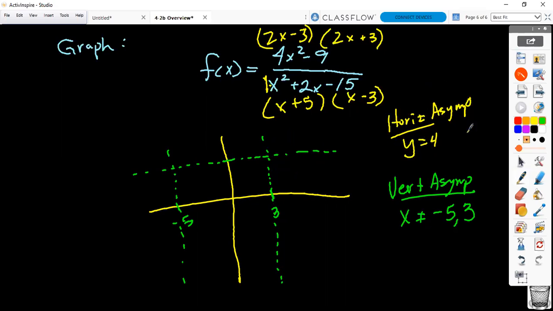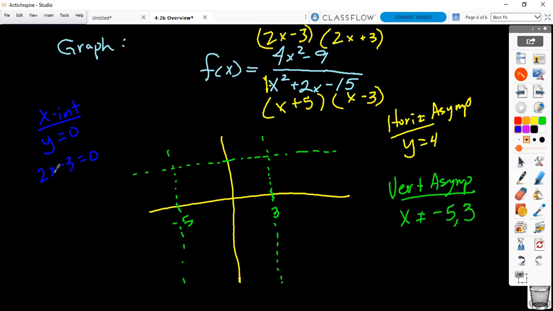Let's see, what about an x-intercept? Remember, that's like y is 0 on the x-axis, and the way a fraction equals 0 is if the numerator is 0. Well, that would be when either 2x minus 3 or 2x plus 3 is 0. So when does 2x minus 3 equal 0?